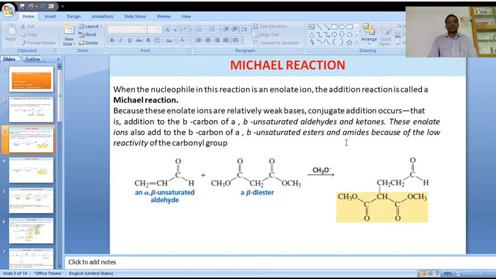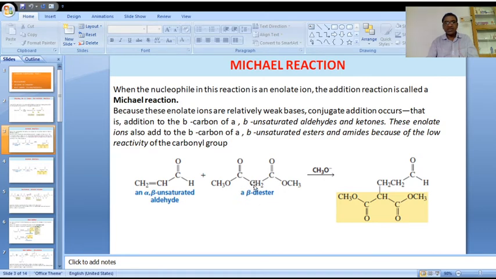Here, the Michael reaction. The starting compound is the same, an alpha beta unsaturated aldehyde, reacting with a diester.